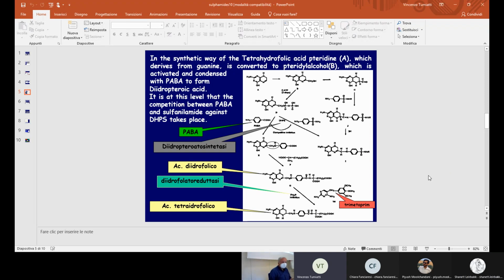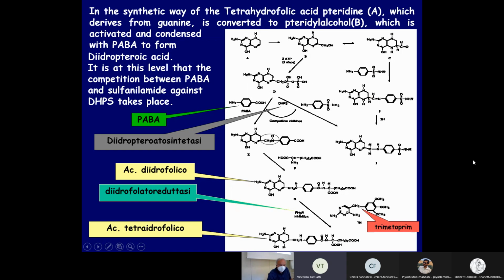So, once again, I want to show you how these inhibitors work. As I told you before, they are able to inhibit the last enzyme involved in this important biosynthesis, in this important pathway.